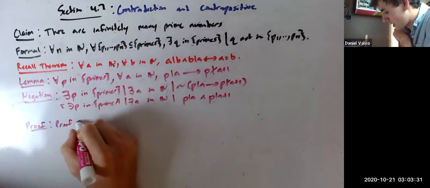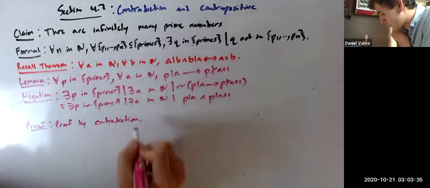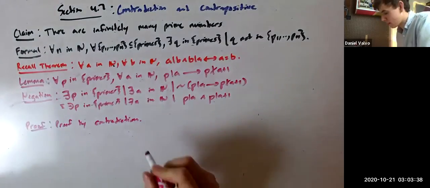We're doing a proof by contradiction because we thought that's the only way we could really do it. Proof by contradiction.